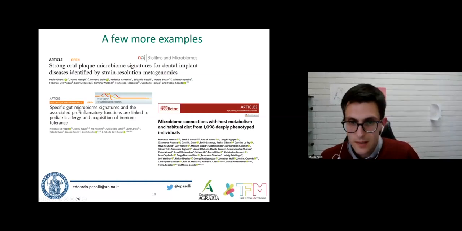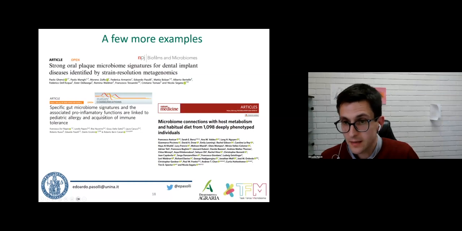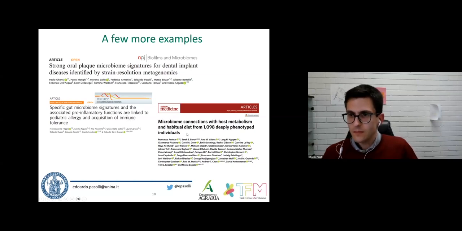We also applied this approach to find a microbiome signature associated with a pediatric allergy cohort, in which we got quite good results.